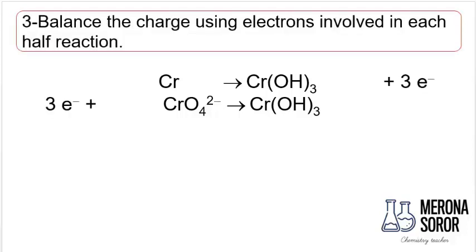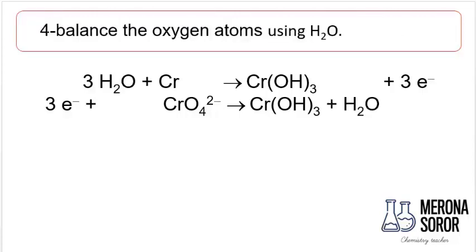Step 3, balance the charge using electrons in each half reaction. The first equation is the oxidation half reaction, so we add 3 electrons in the product. The second one is the half reduction, so we add 3 electrons with the reactants. Step 4, balance the oxygen atoms using H2O molecules.